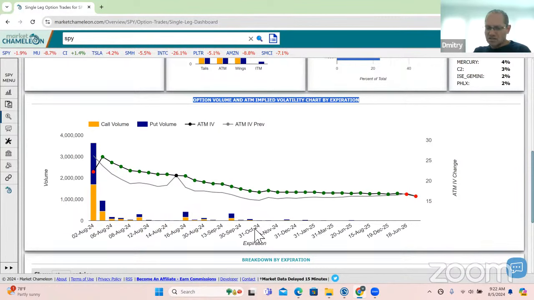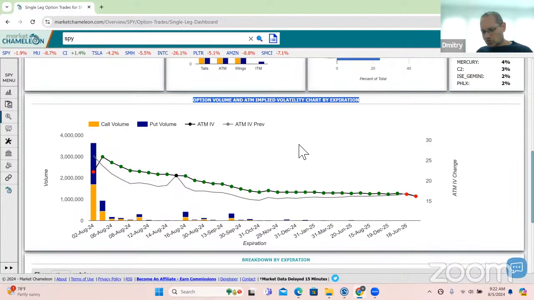And if you have a black dot, that just means it was unchanged from the previous day. So this could be a not liquid expiration. That's what we could learn from this graph, a picture of what's going on in the options.